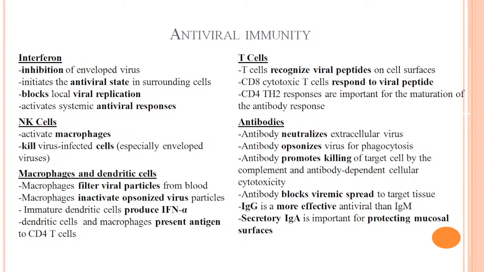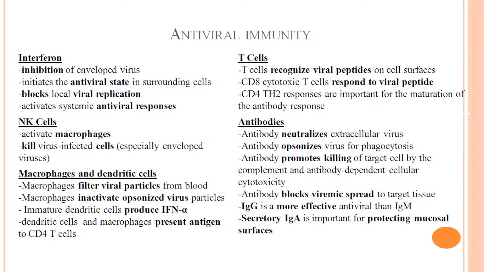Immature dendritic cells produce interferon alpha. We have just said that it's the main antiviral immune protein. Dendritic cells and macrophages present antigen to CD4 T cells. So presentation of antigen is also a main function of macrophages and dendritic cells.